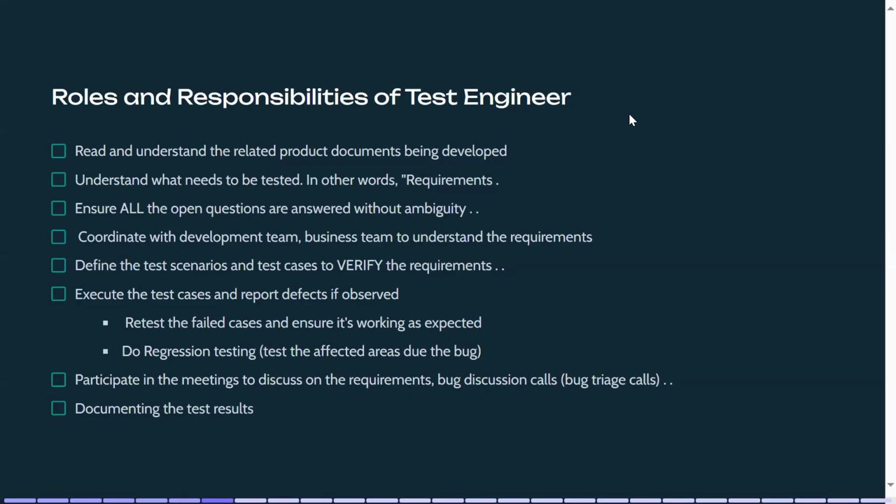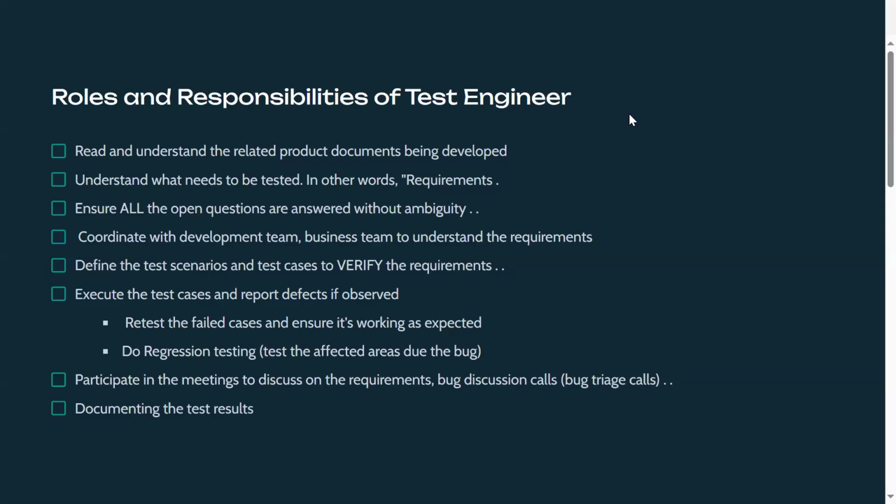Irrespective of testing, in your career, this is one of the major responsibilities for each and every individual: continuous improvement and continuous development. If you are not improving your knowledge, definitely you are at the back. Always review and stay updated with the latest techniques and latest market updates.